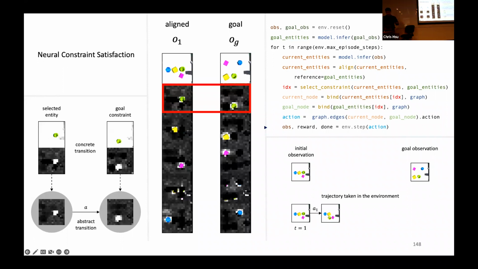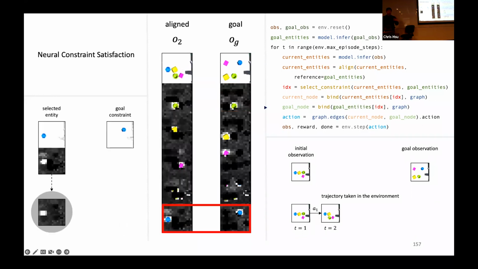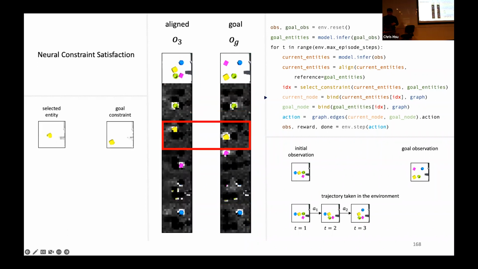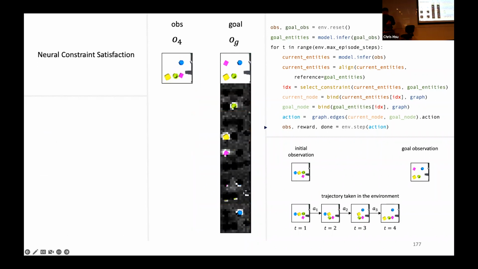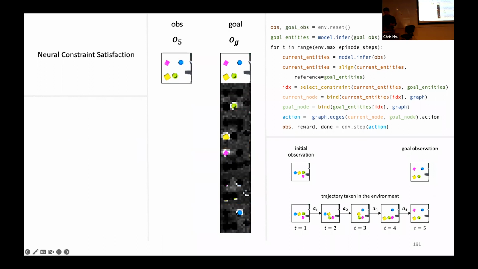Take that action in the environment, observe the resulting observation, and now we see a new observation and repeat the process. So notice that these edges, whose nodes we bind to, are agnostic to the type and context of the objects. And we just keep on doing this until we finish solving the task.